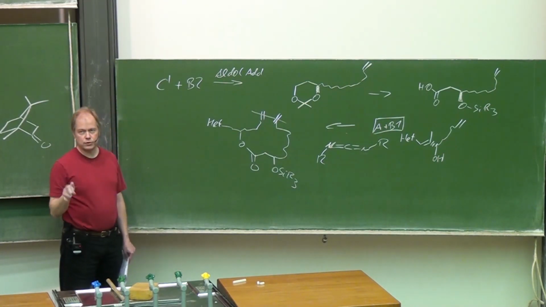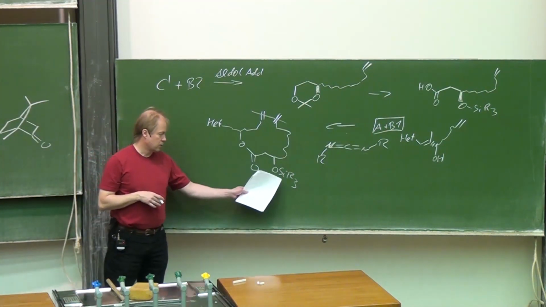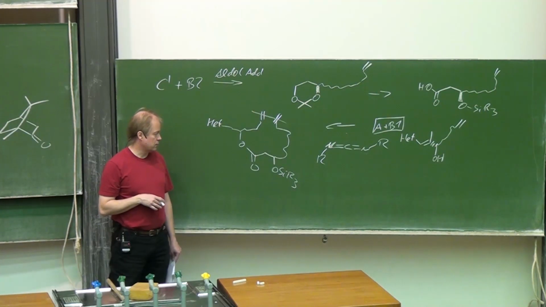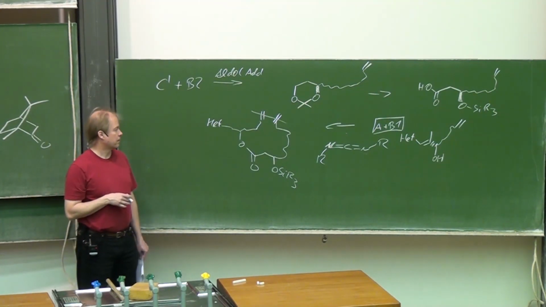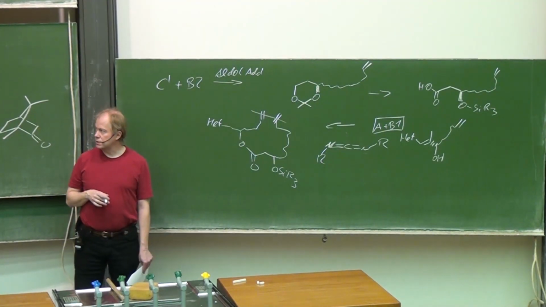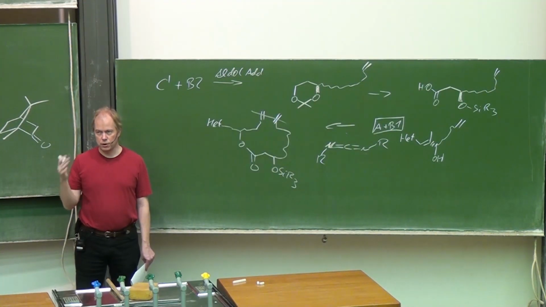So the final epoxidation worked just fine, and getting rid of silyl protecting groups is also no problem. So I hope you have learned that even such complicated structures with lots of stereogenic centers are relatively easy to analyze with your knowledge of organic chemistry.